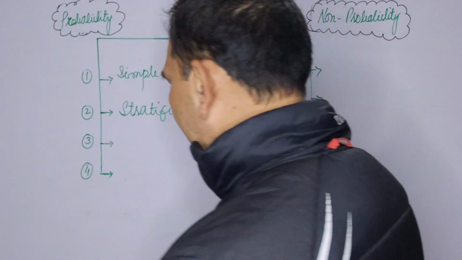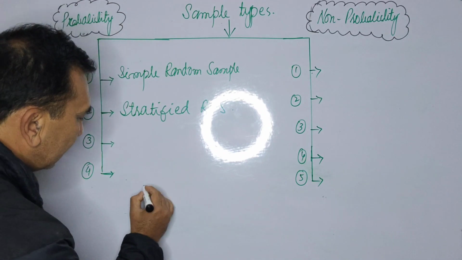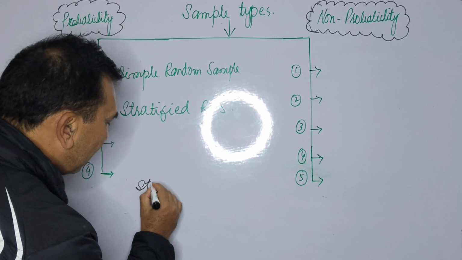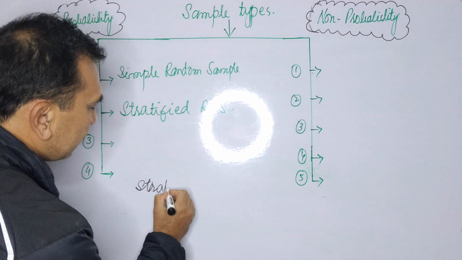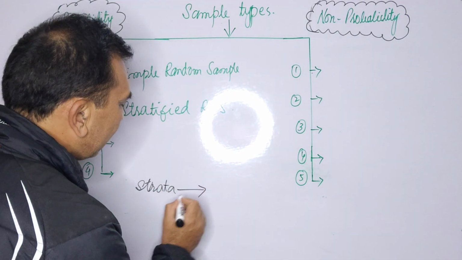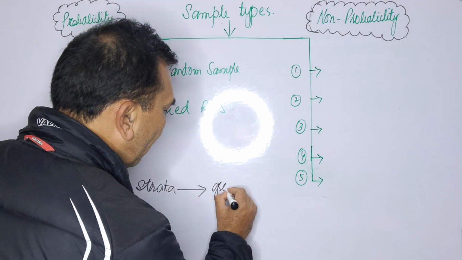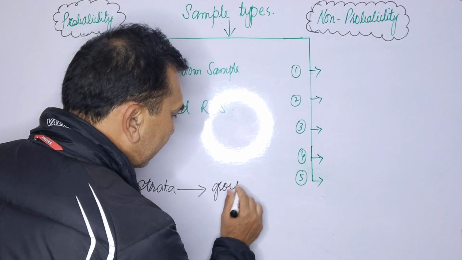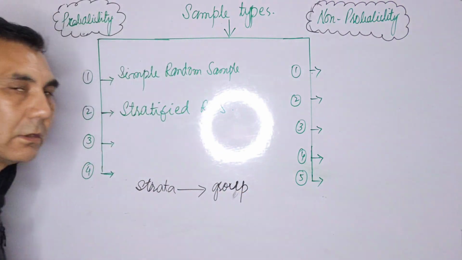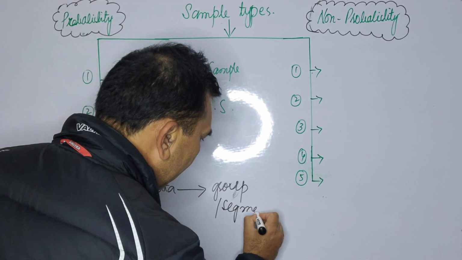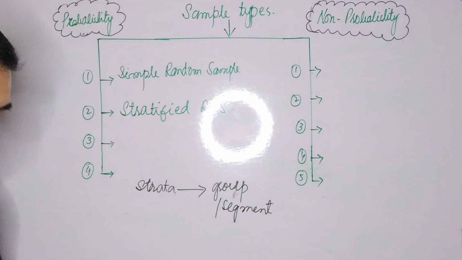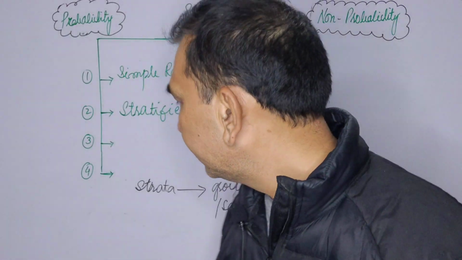Stratified is derived from the word strata, and strata means a group, a segment, right?